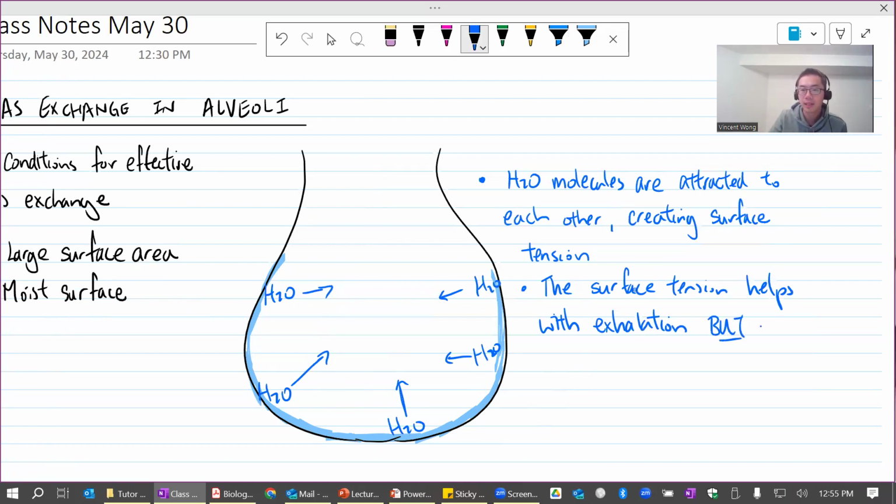But it interferes with inhalation. Too much surface tension makes it difficult to inhale. Think about blowing into a balloon. There's some resistance. You need to blow hard to make the balloon big. It's kind of like that. The surface tension has this elasticity that prevents inhalation, but it helps with exhalation.